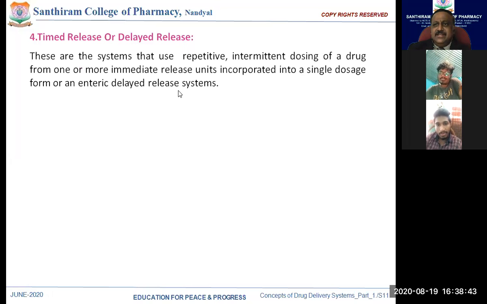You can explain this type as systems that use repetitive intermittent dosing of a drug from one or more immediate release units, which are incorporated into a single dosage form or into an enteric delayed release system.